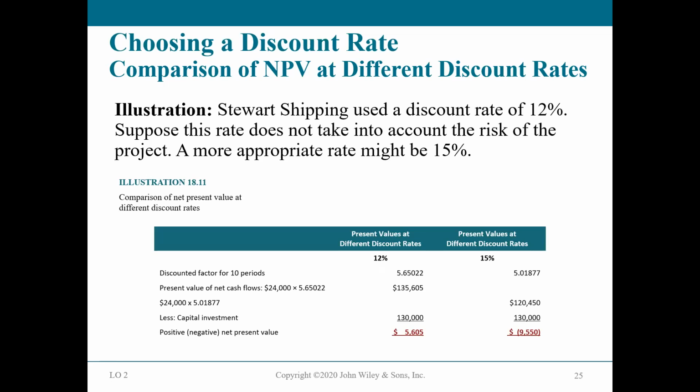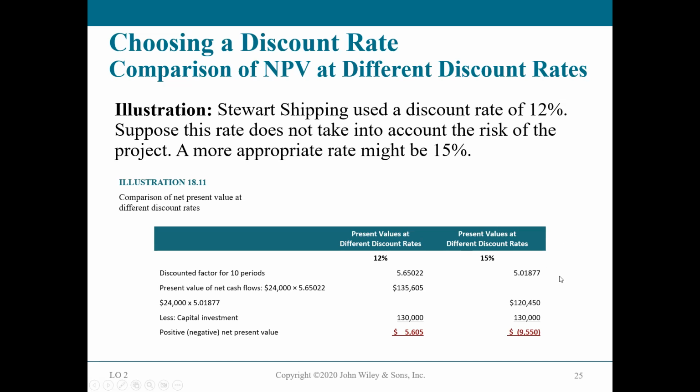So Stewart Shipping used a discount rate of 12% in the previous examples. What if this rate did not take into account the risk of the project? So management decides that a more appropriate rate might be 15%. So we go through the same process, doing the present value at 12% and 15%. So remember, at 12%, we had a positive NPV.